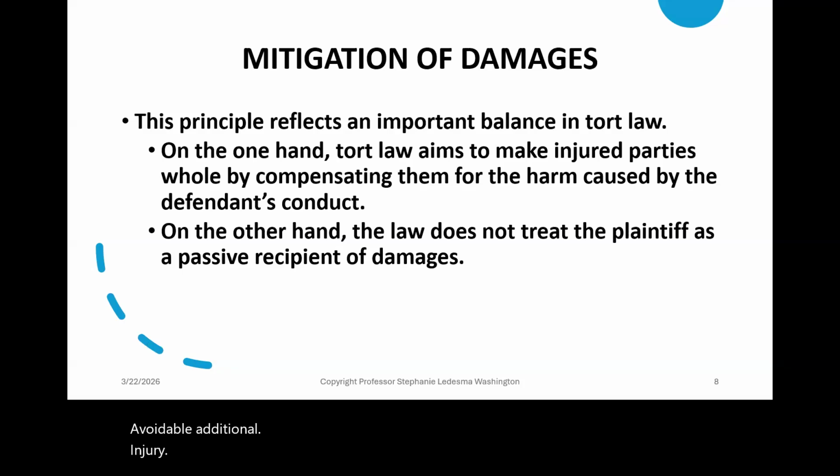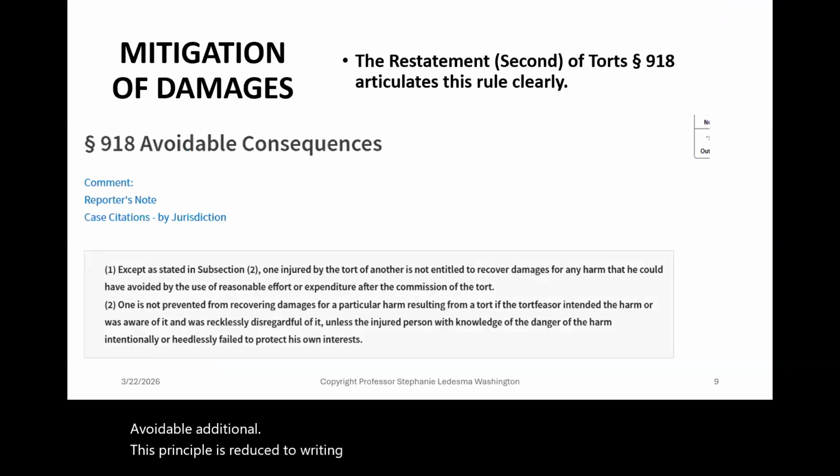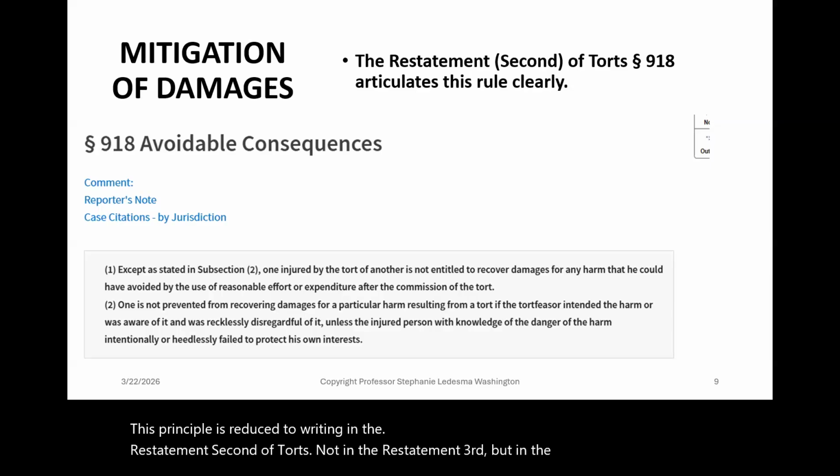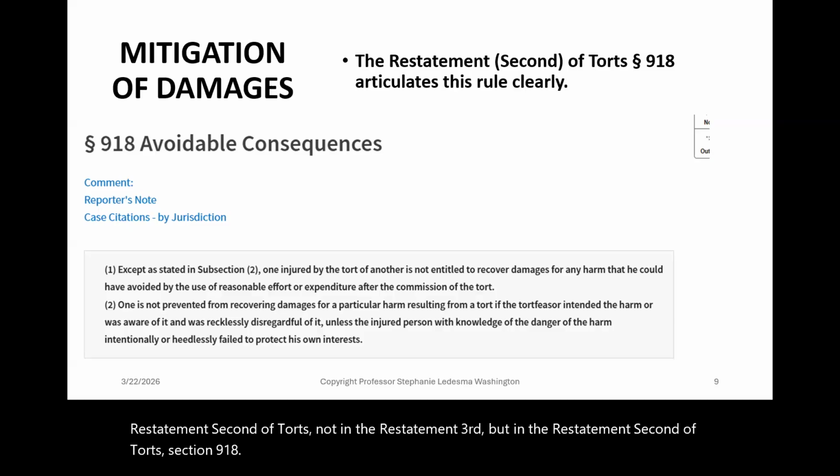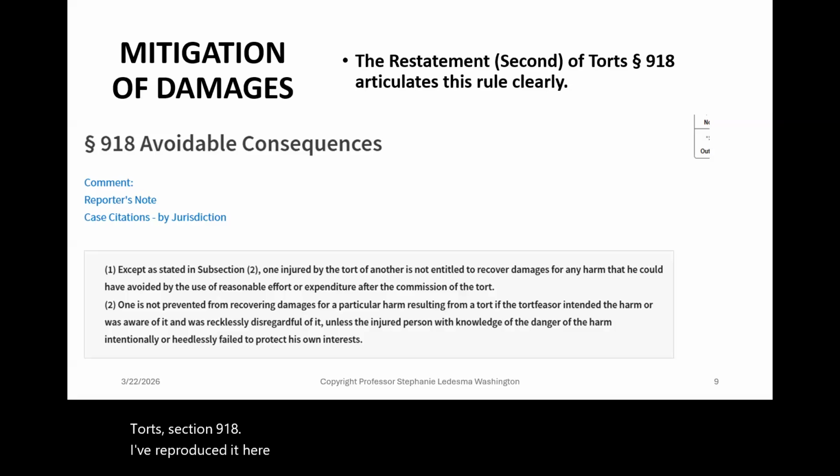This principle is reduced to writing in the Restatement Second of Torts, not in the Restatement Third, but in the Restatement Second of Torts, section 918. I've reproduced it here for you on slide 9.